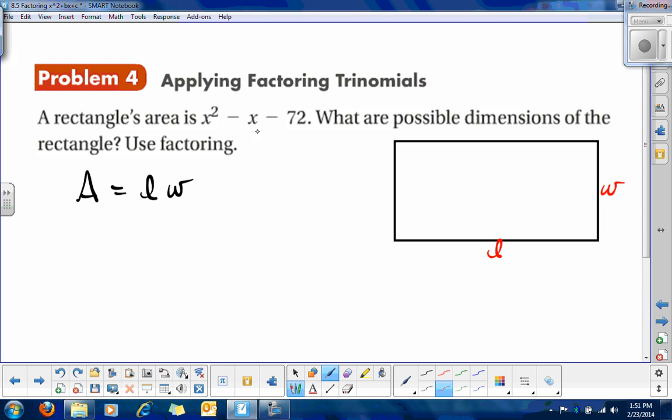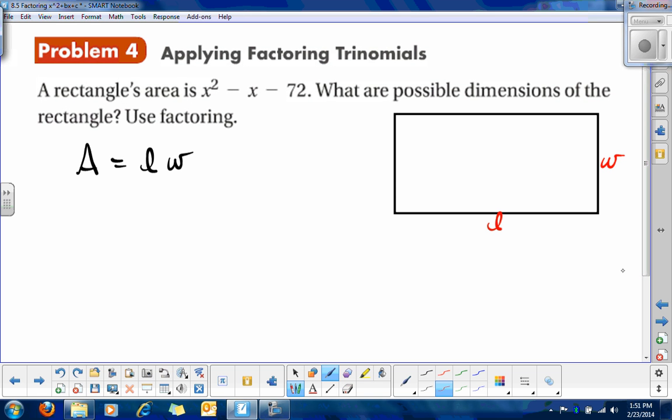Now since this is a trinomial, we can factor the L and the W into two binomials. And again, we'll just do that just like we did in problems 1, 2, and 3. So here we're going to use our X method and our table if you need it. I'll just do my table on the side.